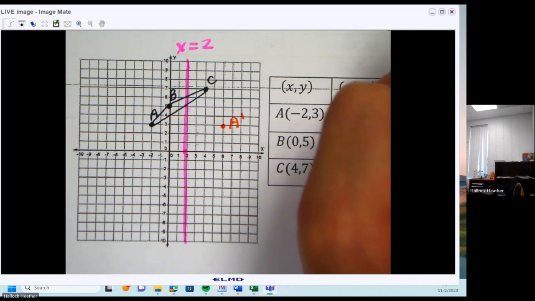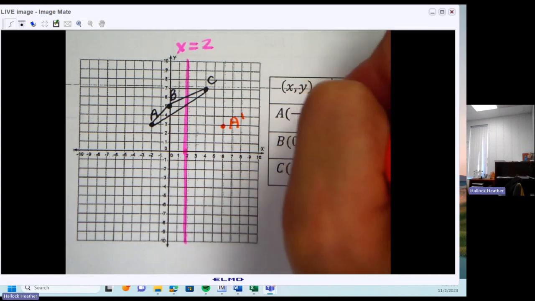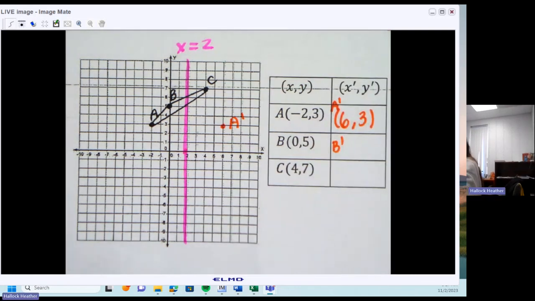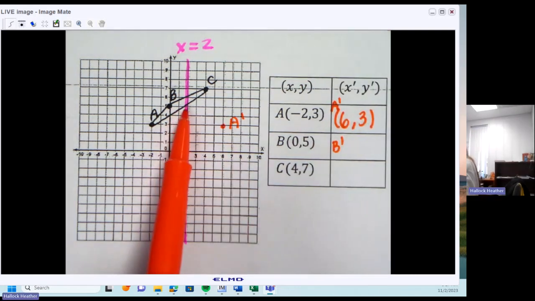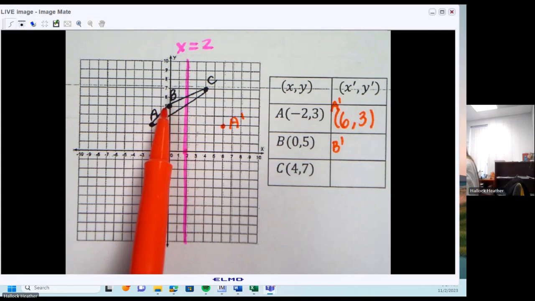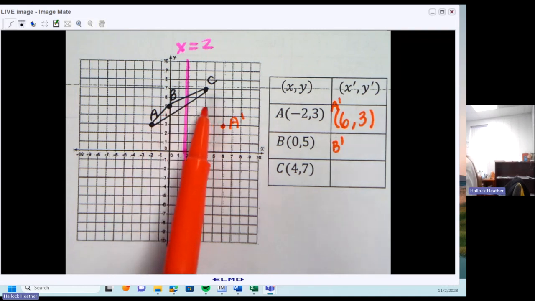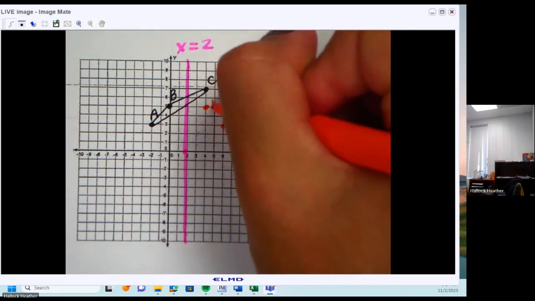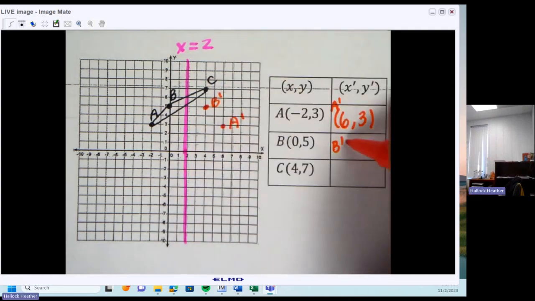I forgot to put an A prime. We're going to do the same thing for B. From the line of reflection, how much did I have to go to the left to get to B? 2. So now I'm going to go to the right 2. So B prime ends up at 4, 5.